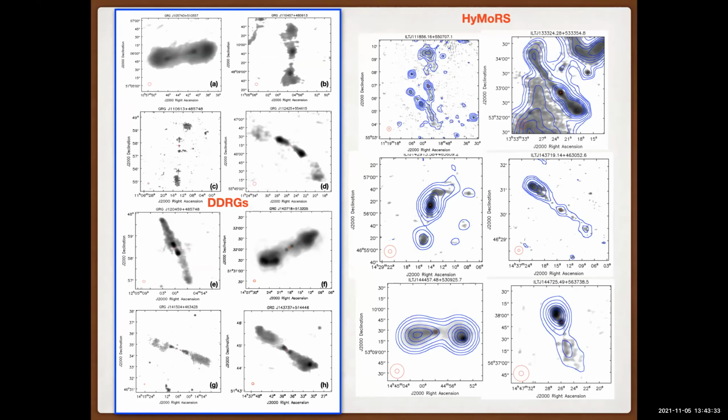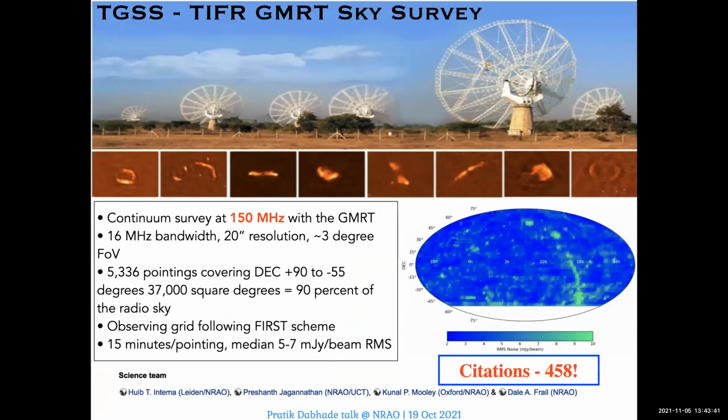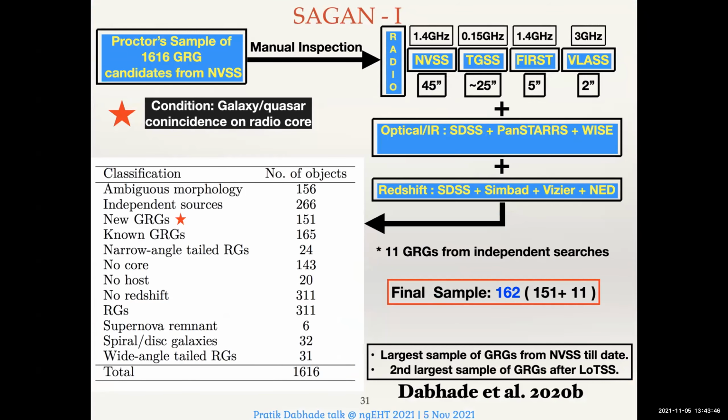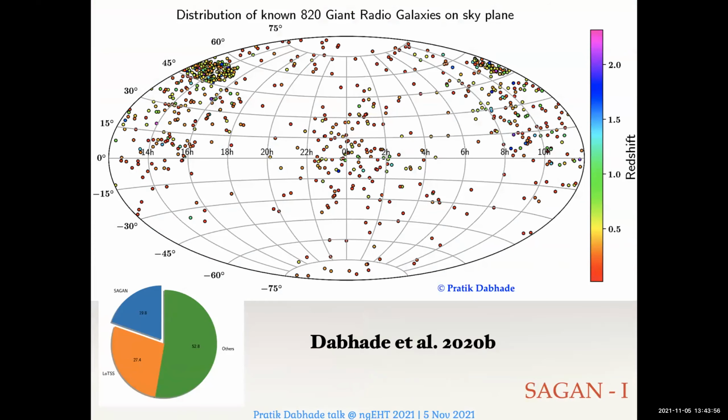We also found double-double radio galaxies, which are the restarted ones, and hybrid morphology ones. We also carried out a search through the older surveys in combination with the new optical data and other complementary surveys for getting the resolution, and found another large sample of 162 giant radio galaxies. In all, we were finally able to make a complete catalog of 820 giant radio galaxies.